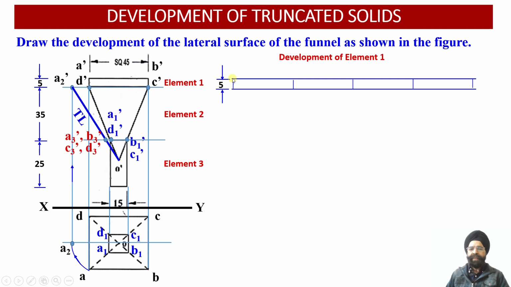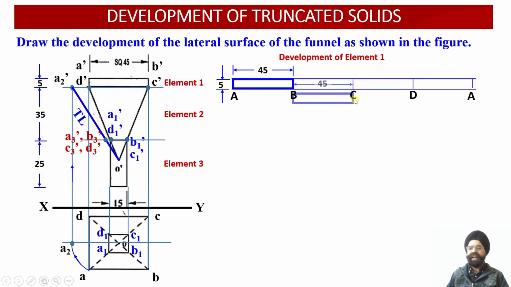We have drawn two parallel lines at a distance of 5 millimeter from each other. Starting from point A, we start the development of this square prism corresponding to element number 1. A to B distance will be 45 millimeter.